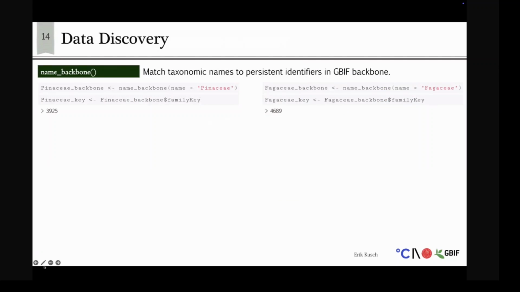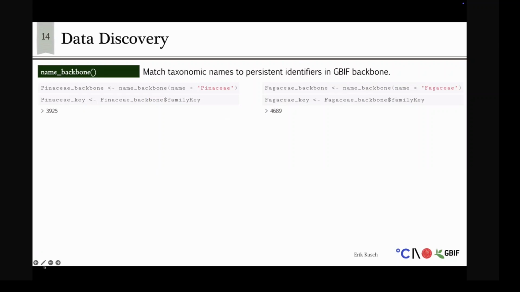You have a particular species, or in our case, taxonomic group in mind. You use the R function from the rgbif package, name_backbone, where you just put in the name that you're after. On the left-hand side, you see Pinaceae. On the right-hand side, you see Fagaceae. And ultimately, from that, you get a data frame where you can then extract, in our case, a family key, because we're looking at taxonomic families, or a species key if you're looking at species, which then gives you the persistent unique identifier of those specific groups.